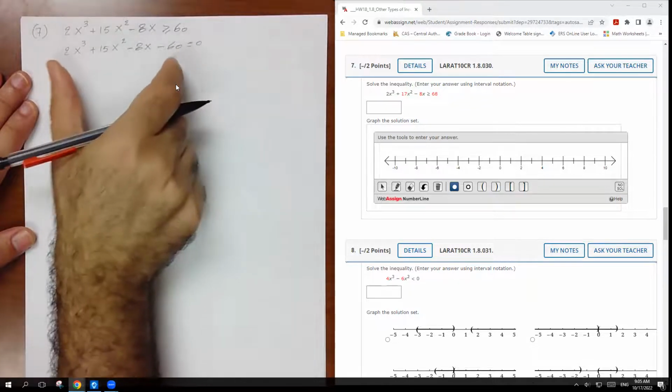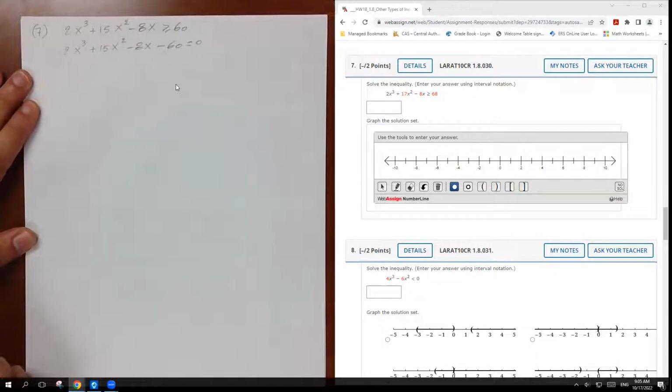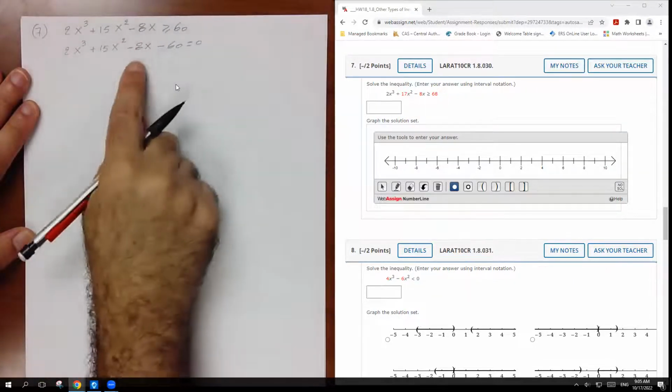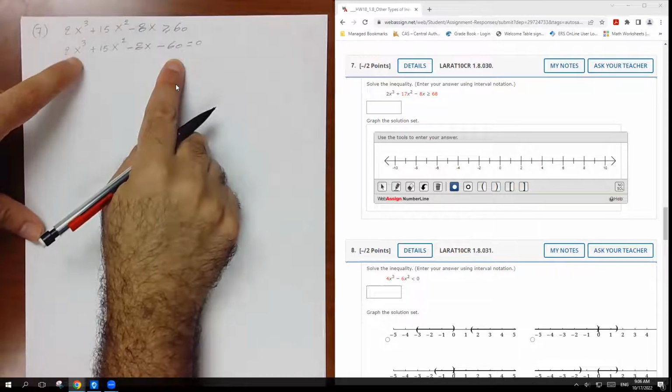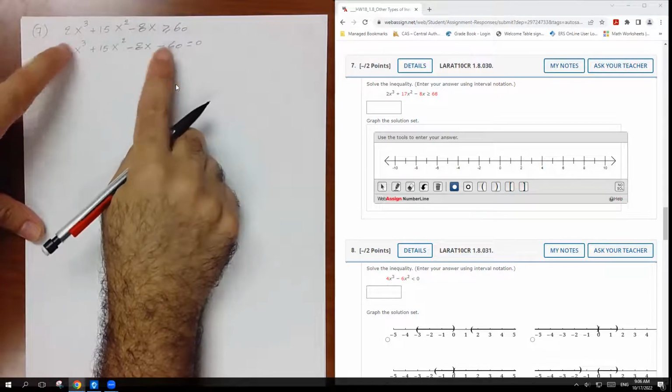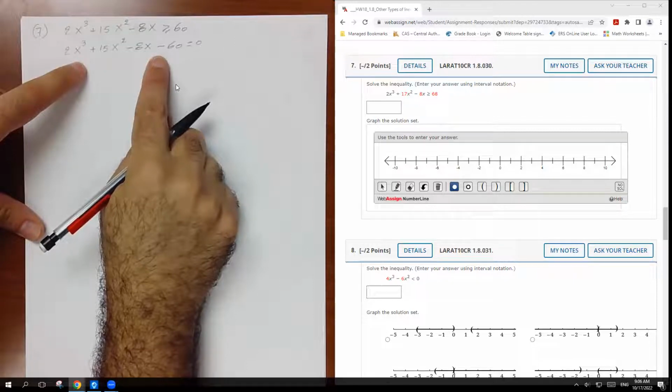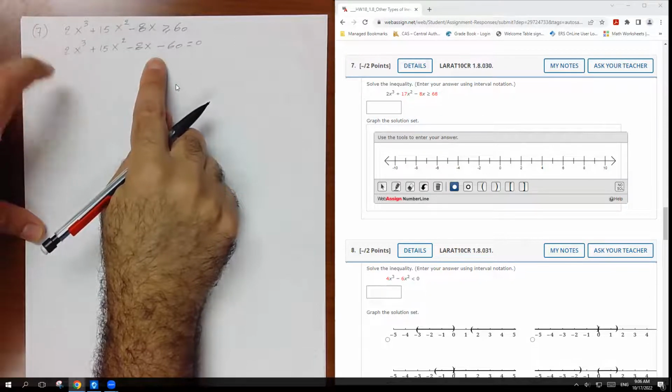If you look at this side, we can't factor it by using factoring by grouping, because here the common factor is -4, and here x squared is not going to be common between these two. So let's use synthetic division. Even if you can, I'm going to use synthetic division.